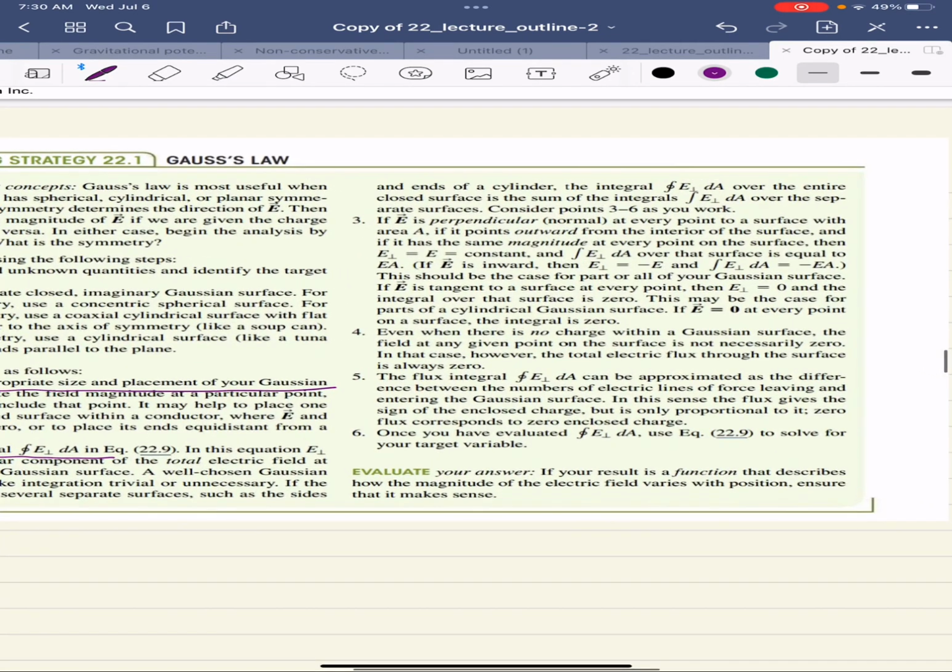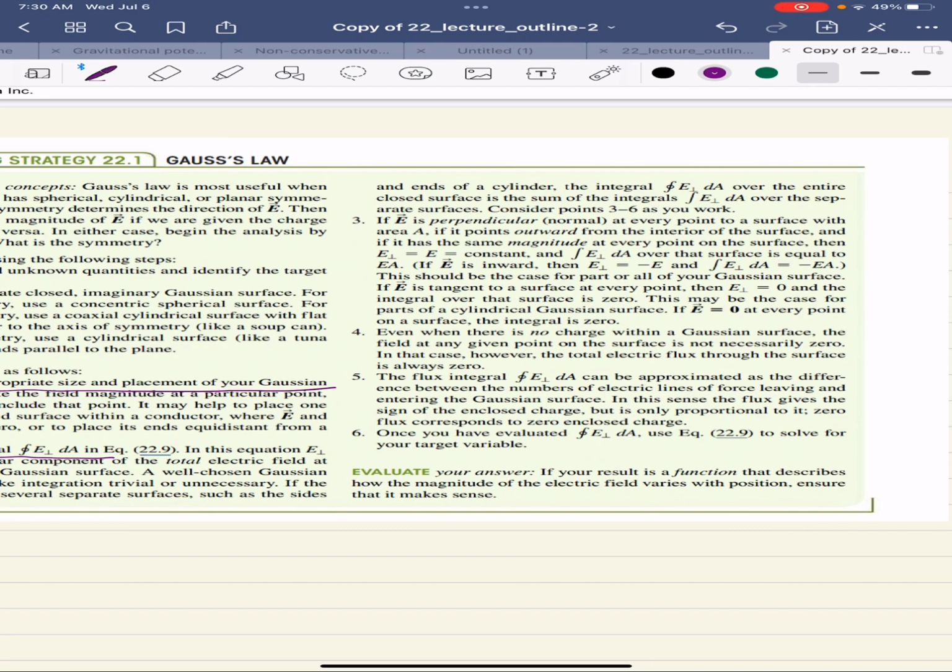If E is perpendicular, normal to every point at the surface, if it points outward from the interior of the surface, and if it has the same magnitude at every point, then E is constant, and the integral is equal to E times the area.